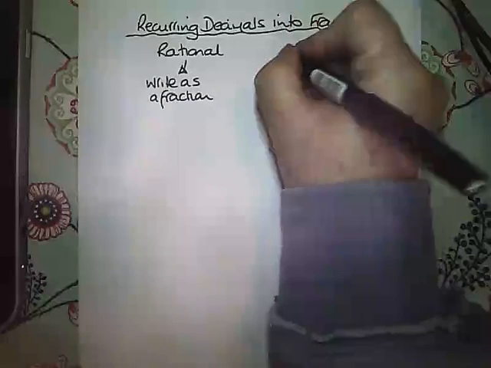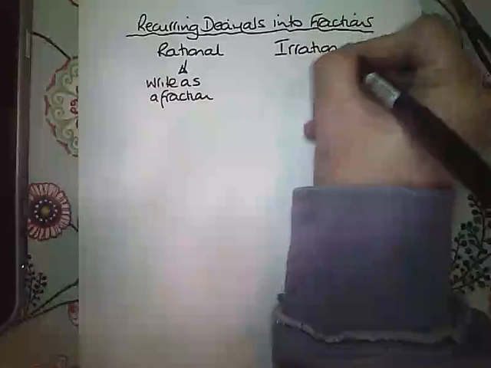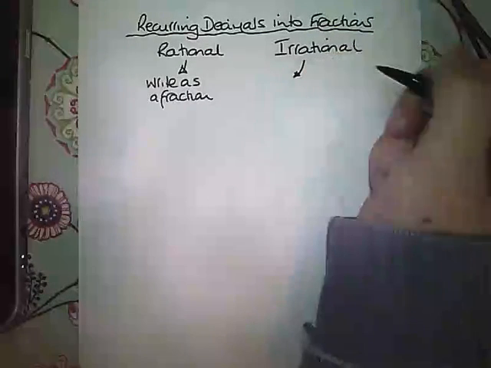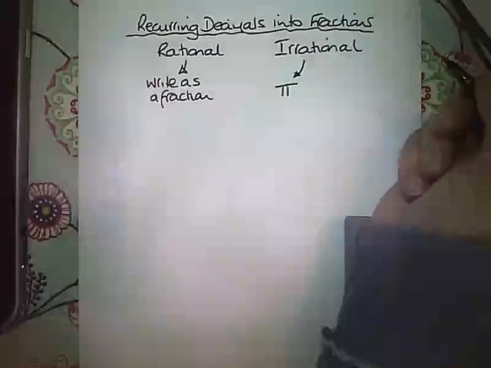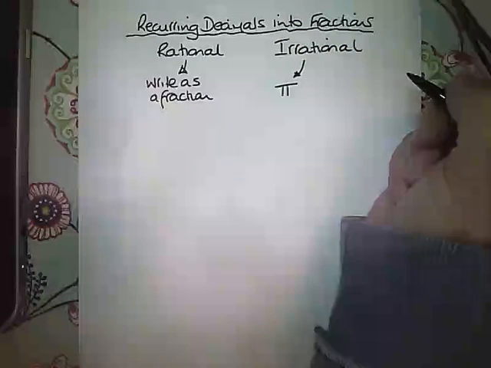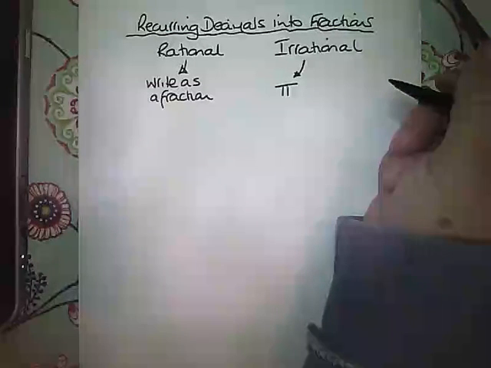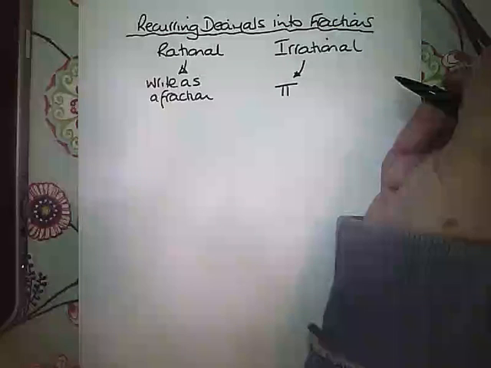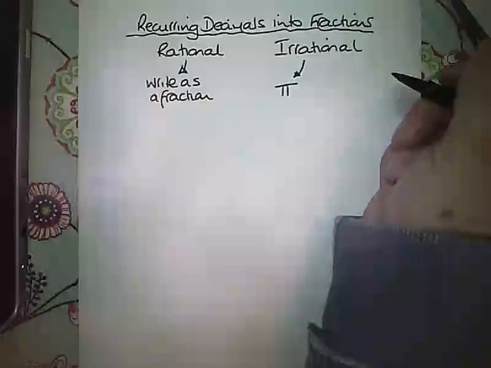And irrational numbers cannot be written as a fraction, and that includes numbers like pi, which is a very long decimal and it never recurs and it just goes on and on forever, so we couldn't ever write that as a fraction. But what we're going to look at today is converting recurring decimals, so some quite horrible numbers, into fractions and show that they are actually rational numbers.